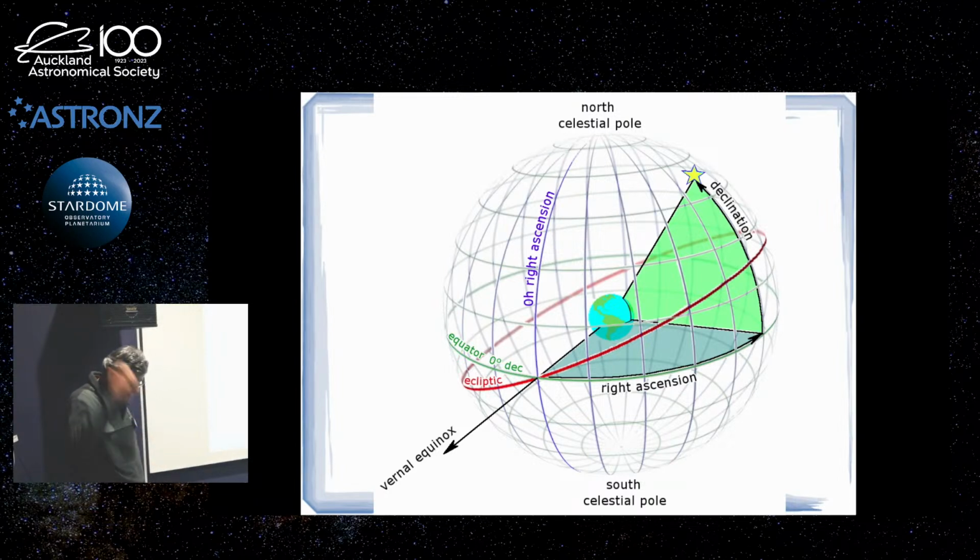So the ecliptic is tilted at about 23 degrees to the celestial equator. You've probably heard of the tilt of the Earth's axis, and that's exactly what we're talking about. So the two planes are tilted, and where they cross are called the equinoxes.